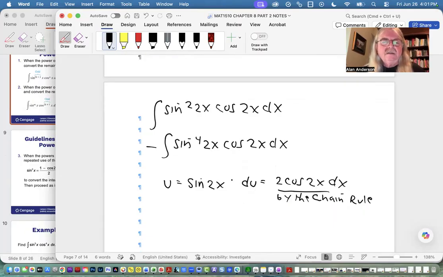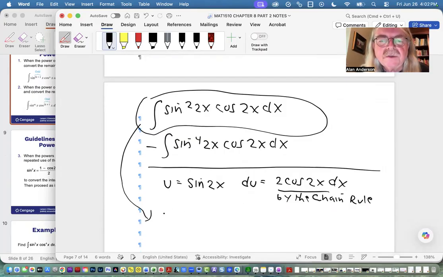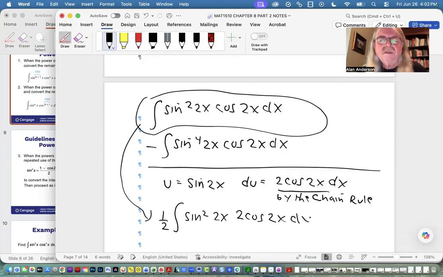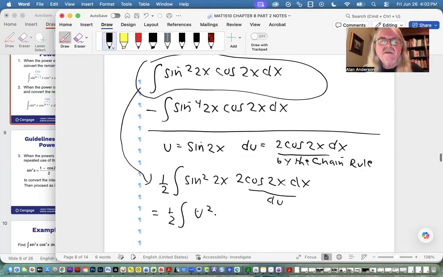I want to keep this, I'll work on these one at a time. So what we're going to need to do is multiply and divide. And that's going to give us, so all of this is du.